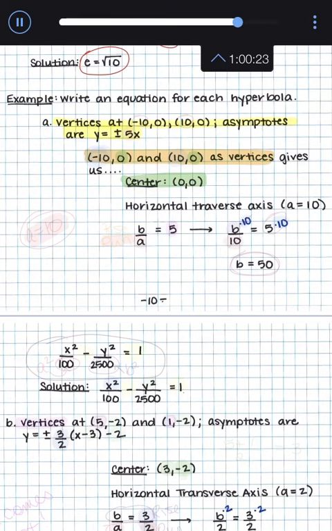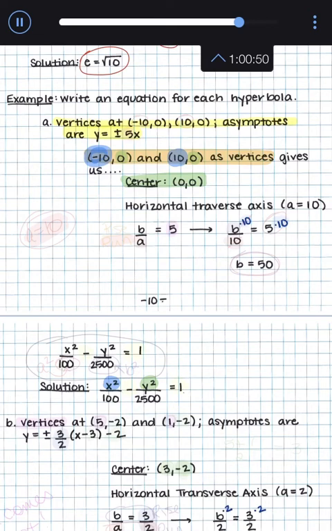It also tells us that our major axis is the x-axis, because that's where our vertices are, along the x-axis. So that means that x's need to come first in our equation. That's why when we see our equation, we see an x squared first. And again, because the center is (0, 0), we don't see anything with the x's, and we don't see anything with the y's either.